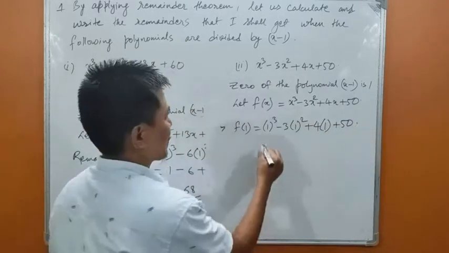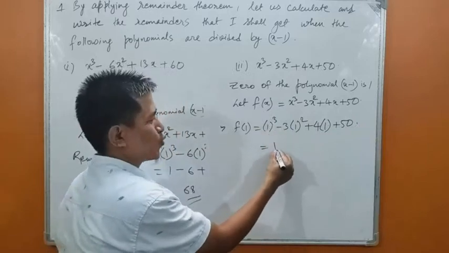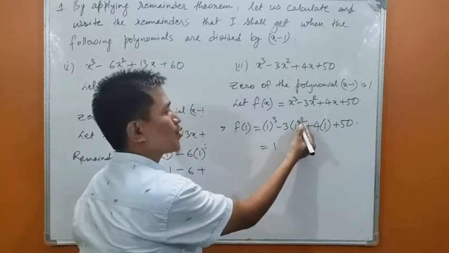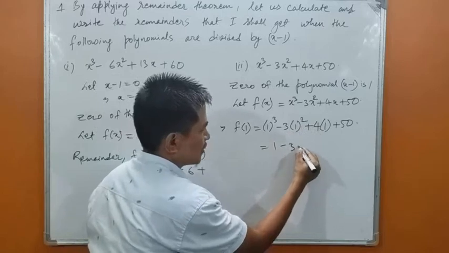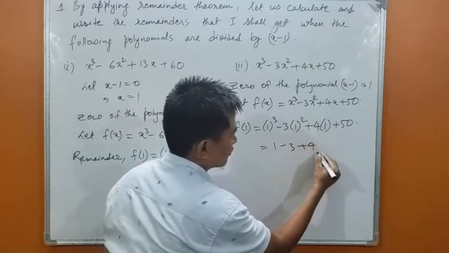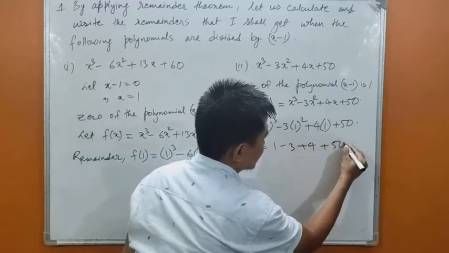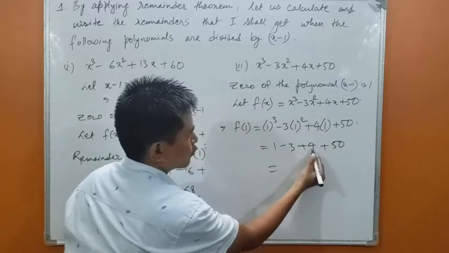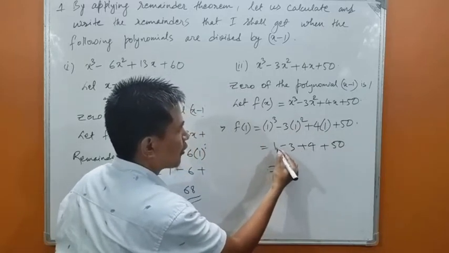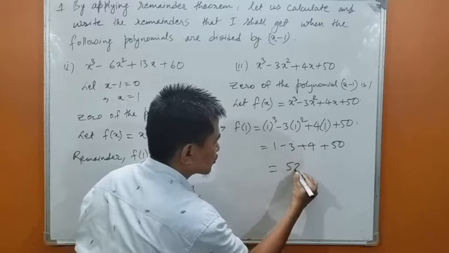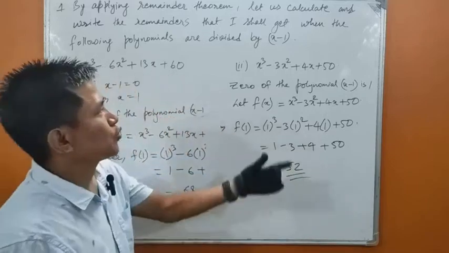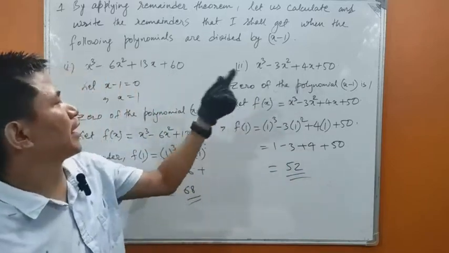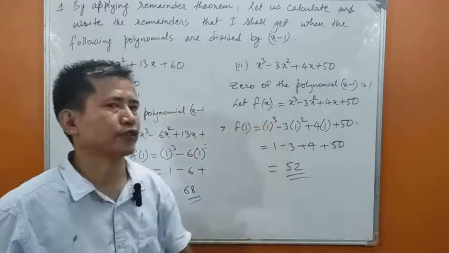So 1 cube is 1, 1 square is 1, 1 3 is 3, minus 3 plus 4 ones are 4 plus 50. 50 plus 4 is 54 plus 1 is 55, 55 minus 3 is 52, isn't it? So when this expression is divided by x minus 1, the remainder will be 52.